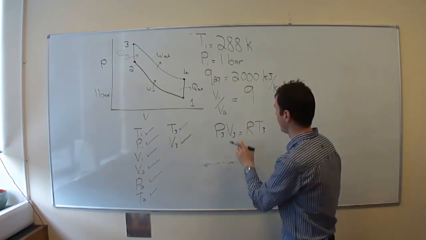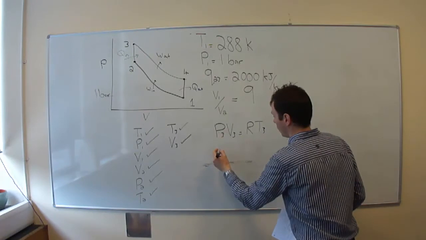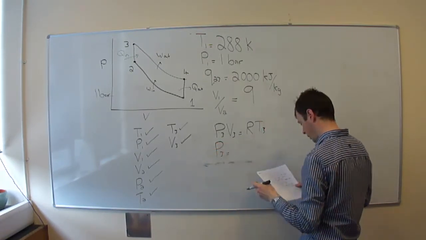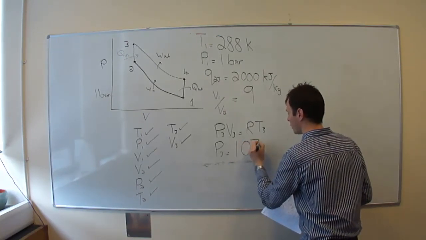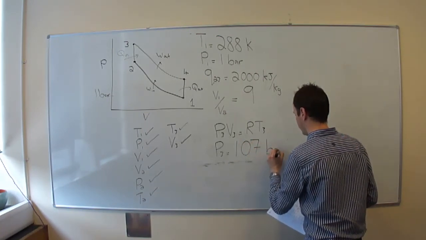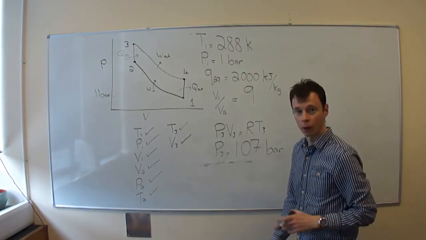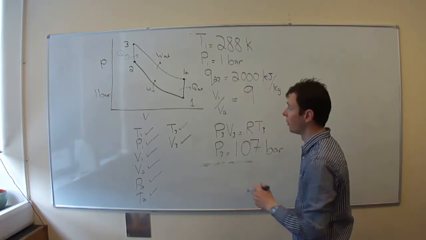Okay, and then the only unknown is P3, which, for sake of completeness, equals 107 bar. Okay, and that's part B finished.